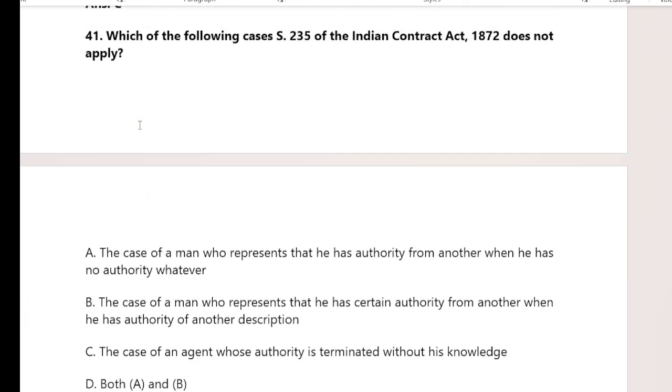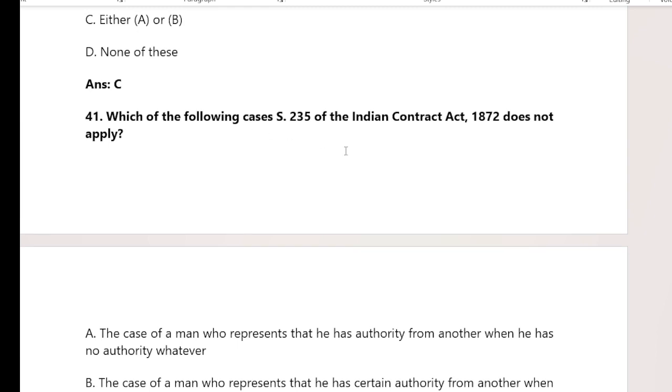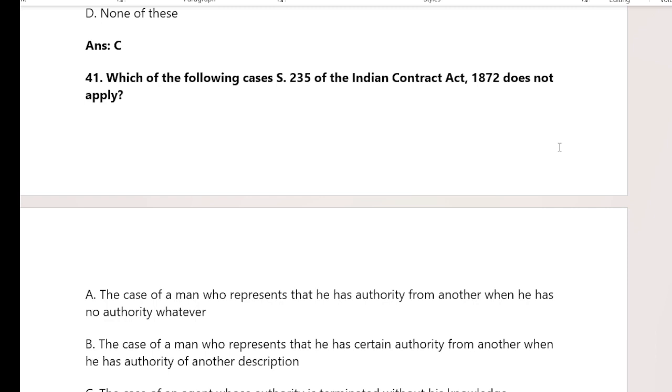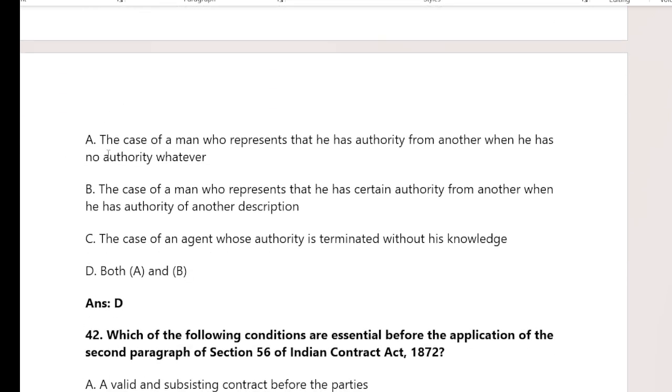And the next question is, in which of the following cases does Section 235 of the Indian Contract Act 1872 not apply? A: the case of a man who represents that he has authority from another when he has no authority whatever.